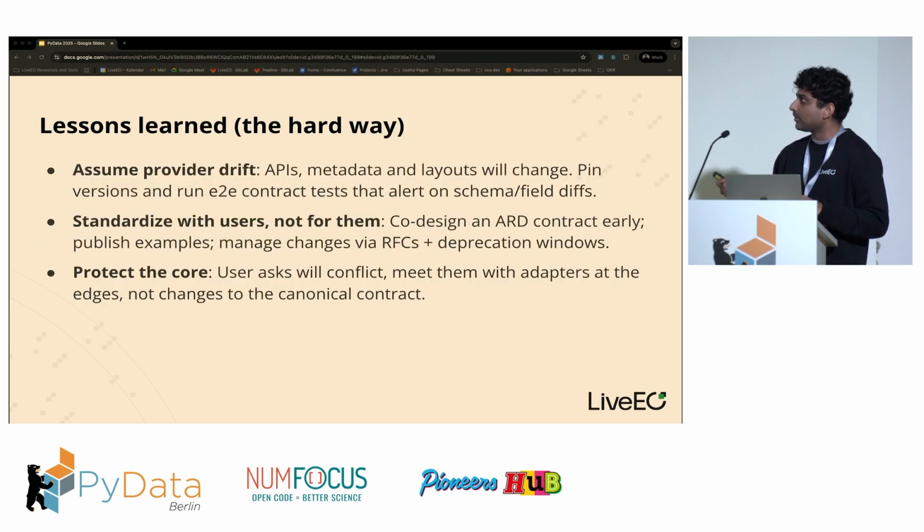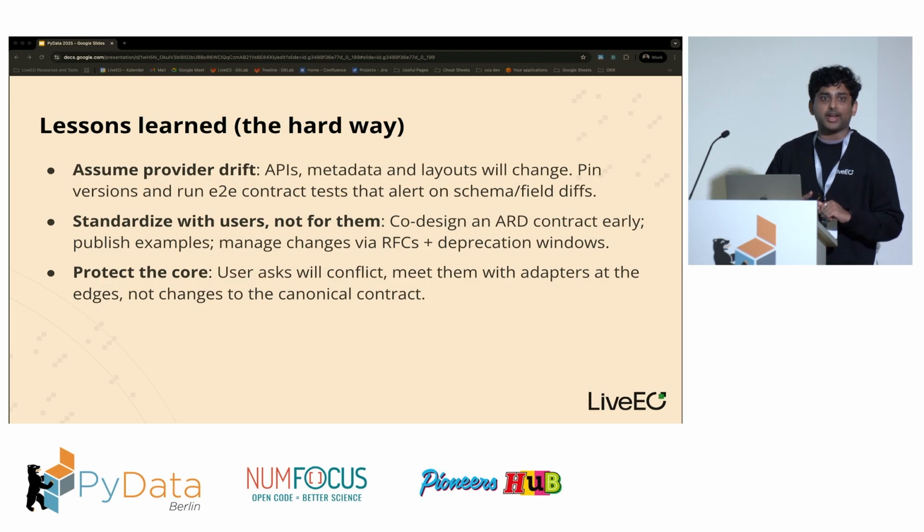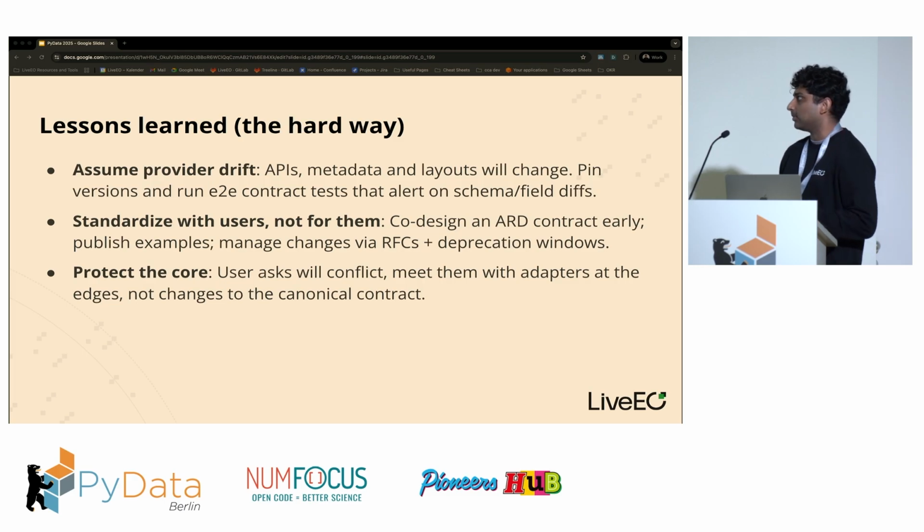So coming to the end, what lessons did we learn over the year and a half when we designed this whole pipeline system? We had to assume provider drift, because providers change their APIs and they change their data and layouts.